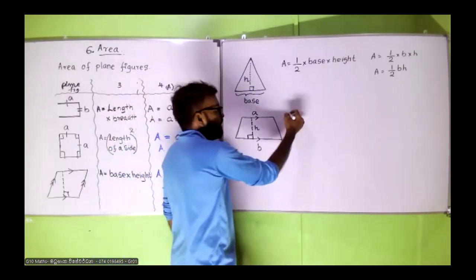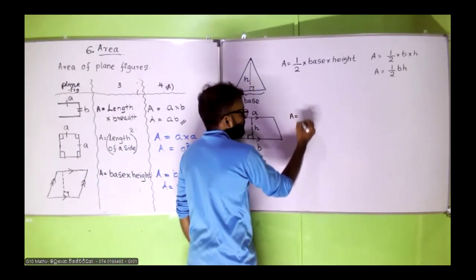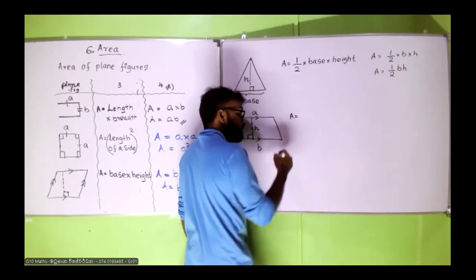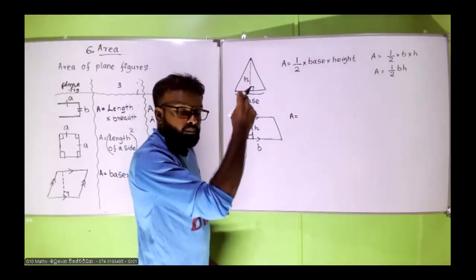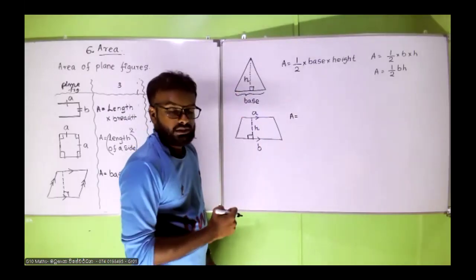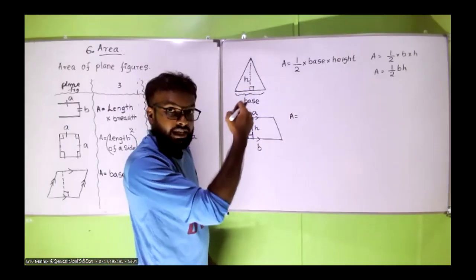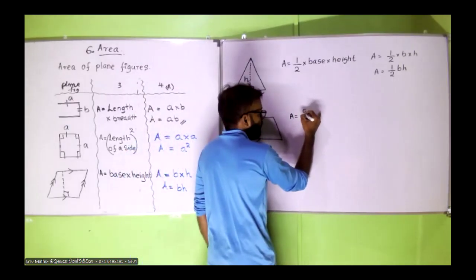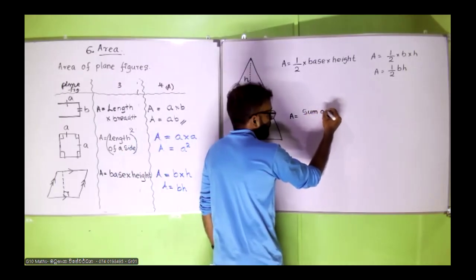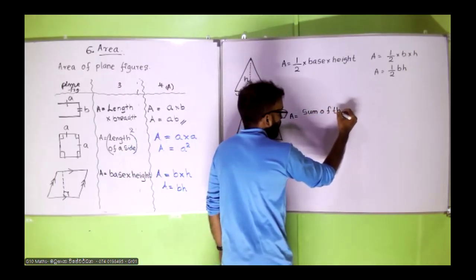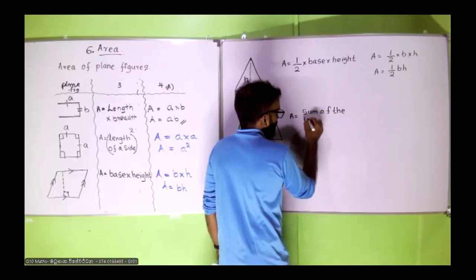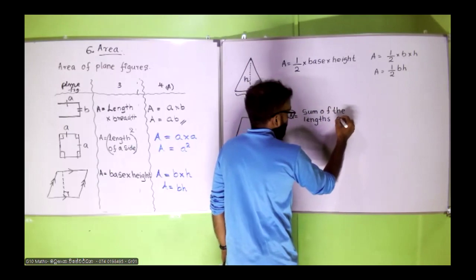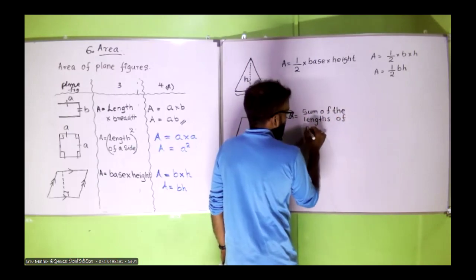So you can write the area A equals A plus B, that means the sum of the lengths of the parallel two lines.